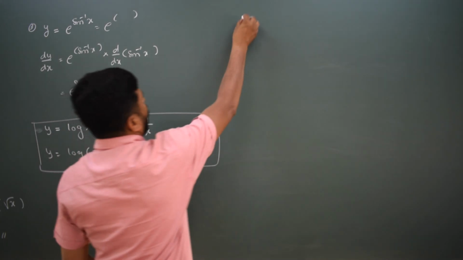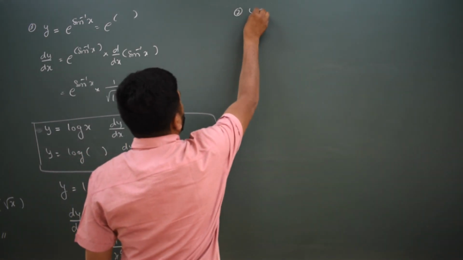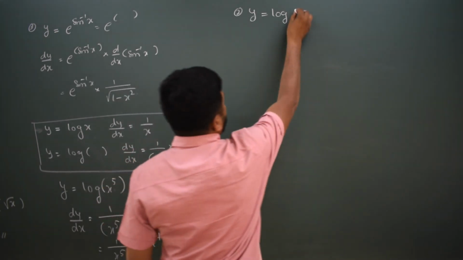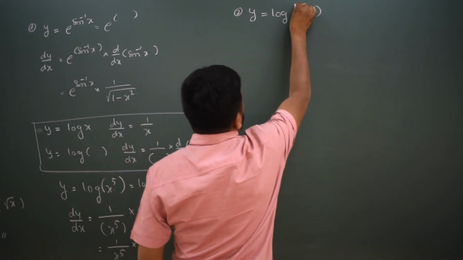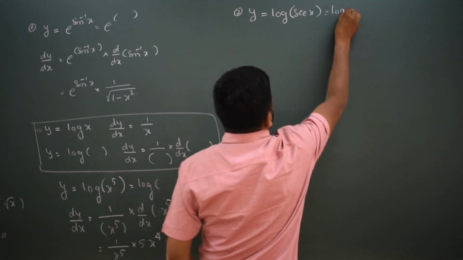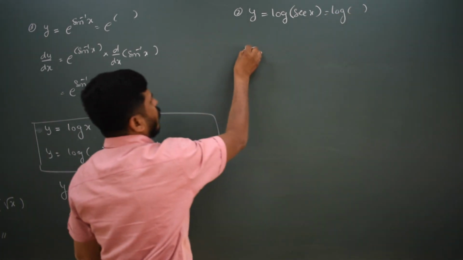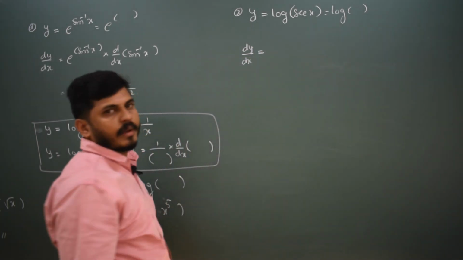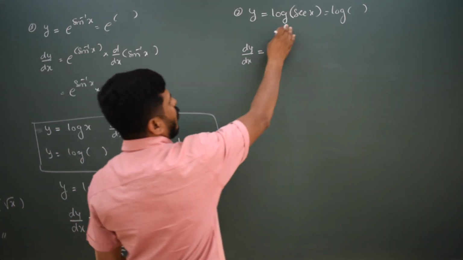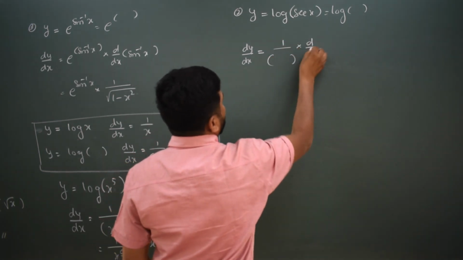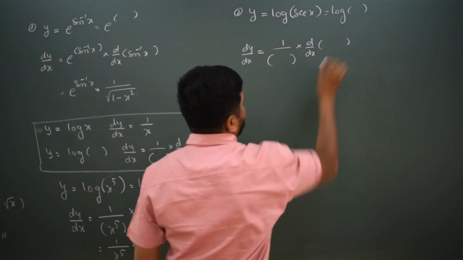Next, y is equal to log of, tell me any function, say secant x. How to read this one? Log of something. Now dy by dx is equal to log of something differentiation, 1 by something into d by dx of something.